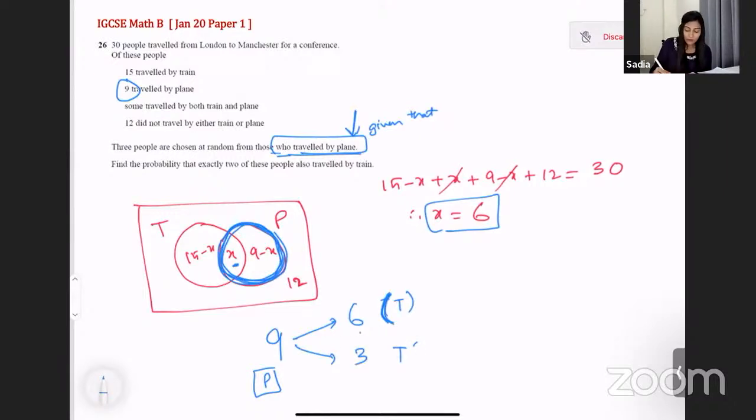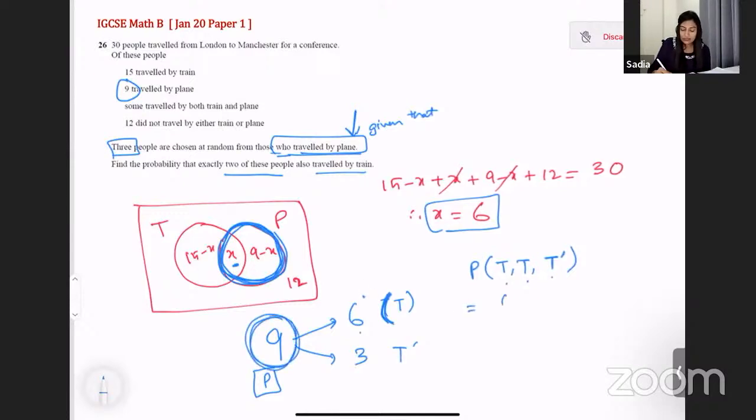So we are trying to find 3 people, and the probability should be exactly 2 of these people also travel by train. So 2 of them will travel by train, and then the third person, T prime, didn't travel by train. But these values have to be from this 9. Total is supposed to be 9.